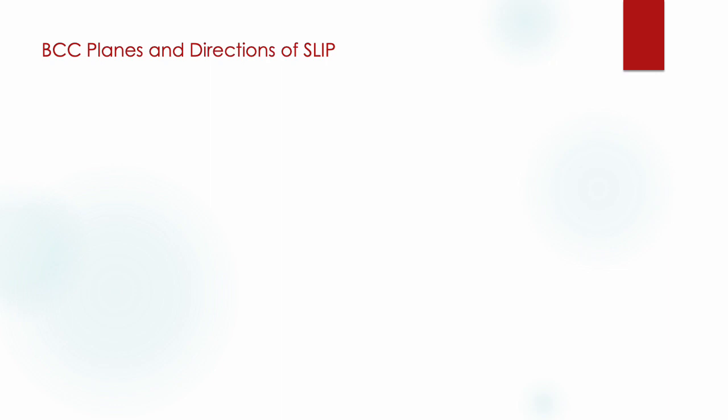So we aren't going to go into depth with that, but a direction that goes along an edge, like that, or that, or that, is of the type [1, 0, 0].